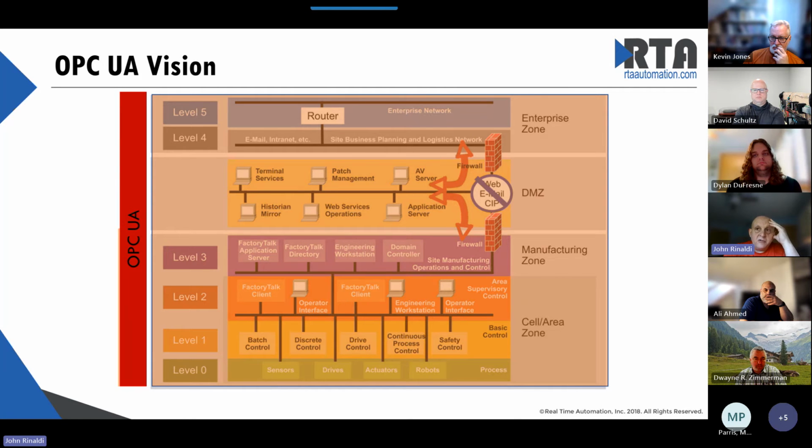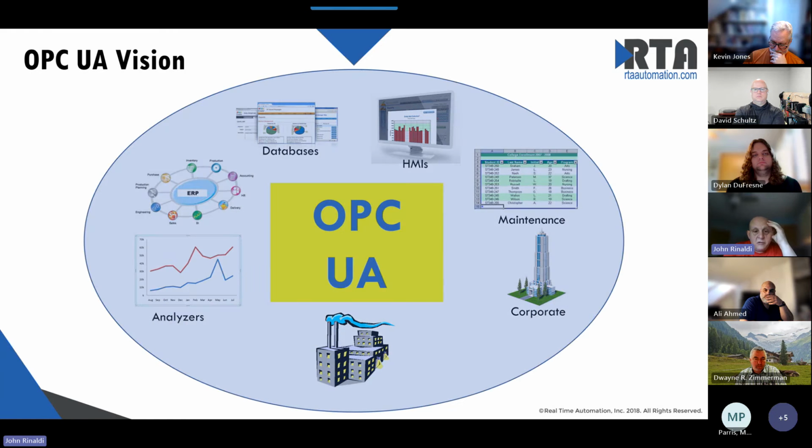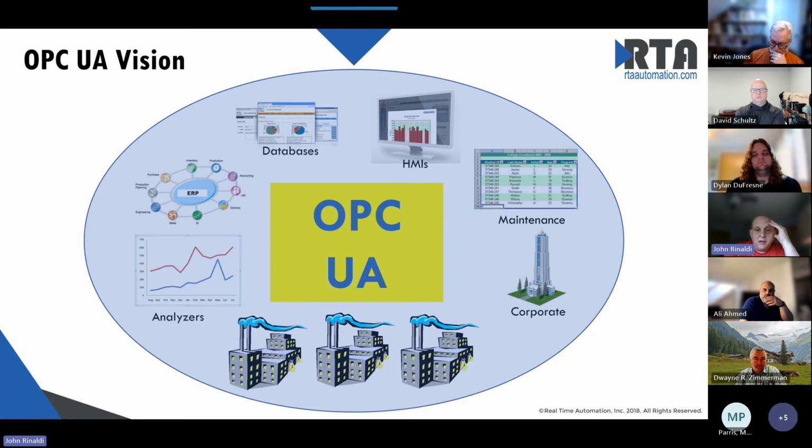So their vision has always been very large, going from islands of automation and covering absolutely everything, including multiple plants, so that you could connect multiple plants up on OPC UA. It was every application, to do everything. And it's still pretty much their motto today.